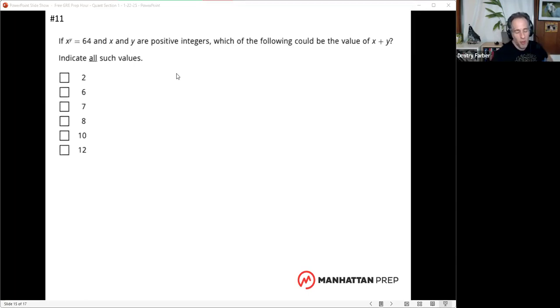But my point about timing here is that these are problems that are almost designed at the end of a section to punish you if you haven't had time, if you haven't allocated enough time. Now, here you avoided that punishment because I was moving you on, moving you on, moving you on. But a lot of folks tell me I just can't finish a section, and so they're slowing down elsewhere in the section, and then they are not having time to answer these questions, and their chance of guessing right is almost zero.